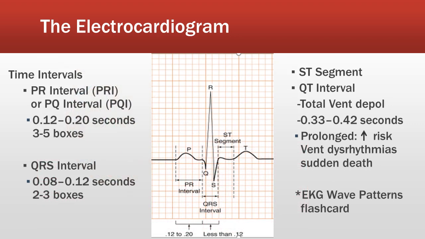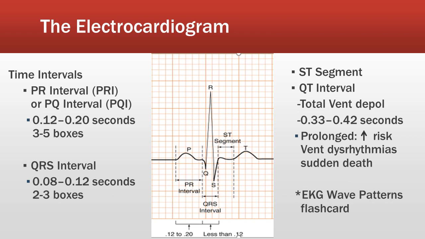Time intervals on our EKG paper: the normal PR interval is 0.12 to 0.20 seconds, or 3 to 5 little boxes. A normal QRS interval is 0.08 to 0.12 seconds, or 2 to 3 little boxes.